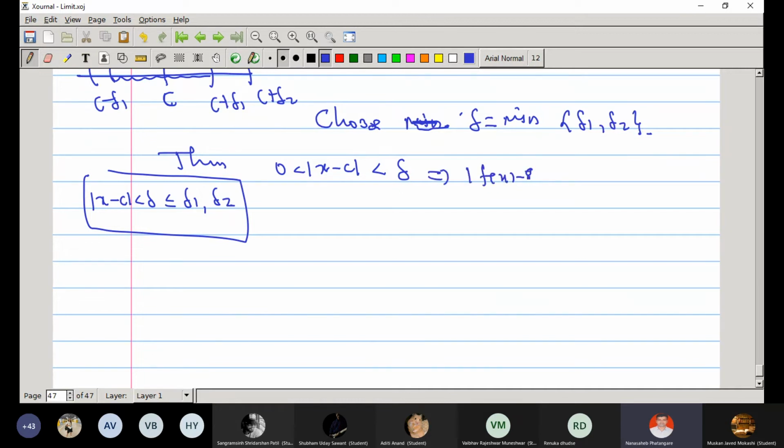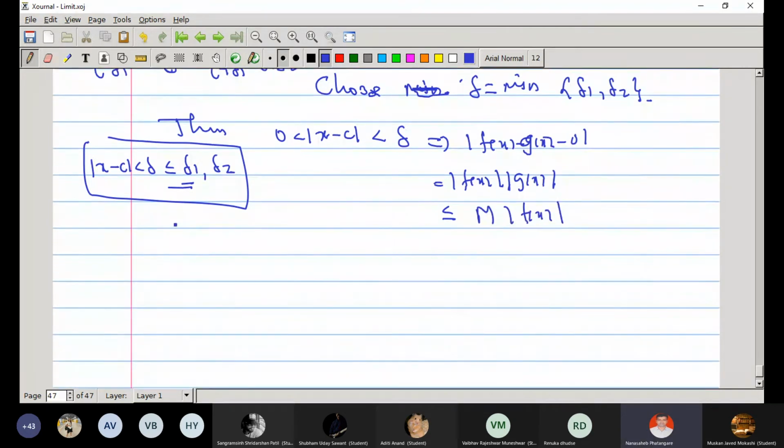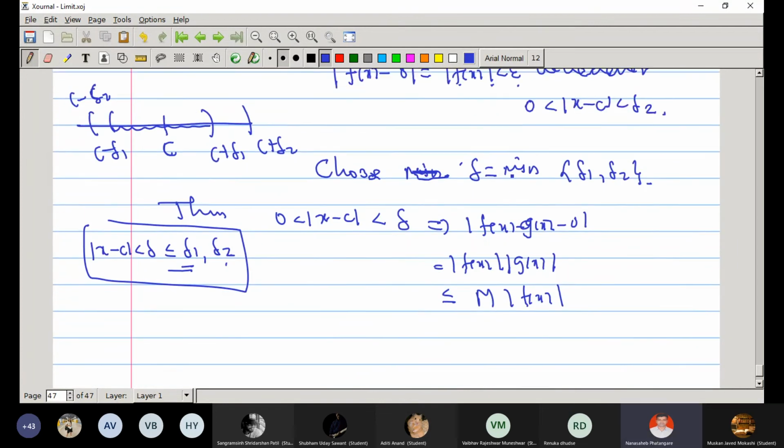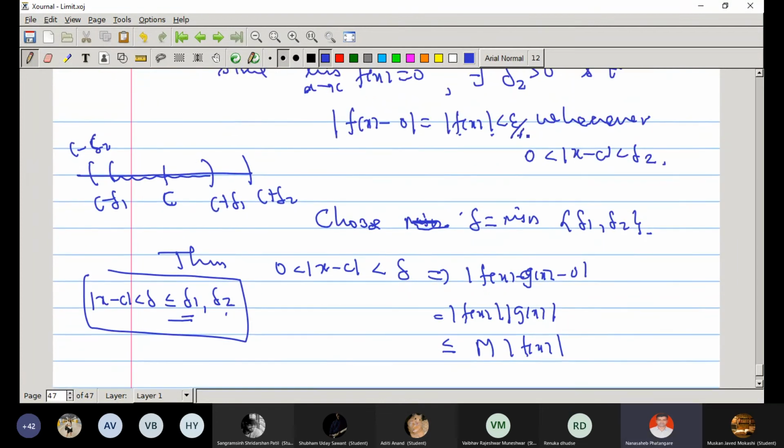So f(x) times g(x) minus 0, which is f(x) times g(x), since the distance of x from c is less than delta 1, is less than or equal to m times |f(x)|. Since the distance of x from c is less than delta 2, the absolute value of f(x) is less than epsilon upon m.